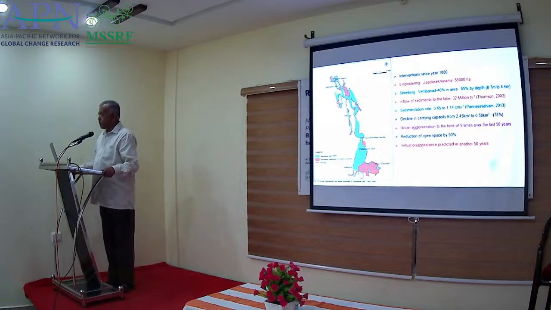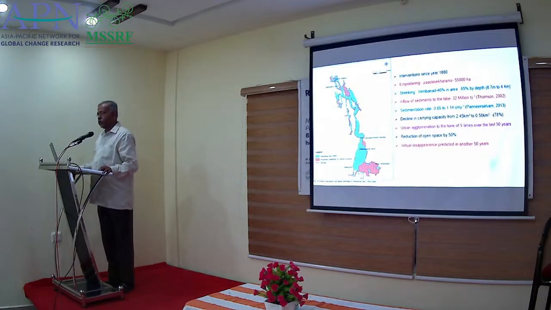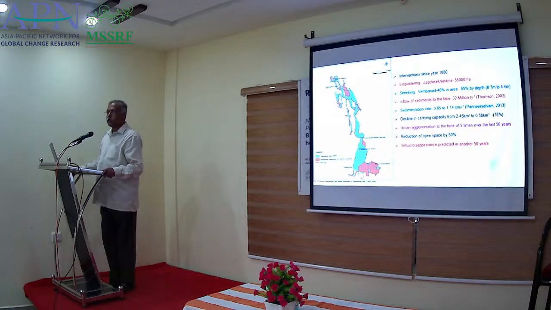You can look at the data where the intervention started in 1880 by constructing embanked paddy fields, the Padasekharams, because during those days we had severe food shortage. To overcome that, we reclaimed a portion of the Vembanad Lake into paddy cultivation fields, and thereby a lot of land has been lost. The ecosystem got spoiled.